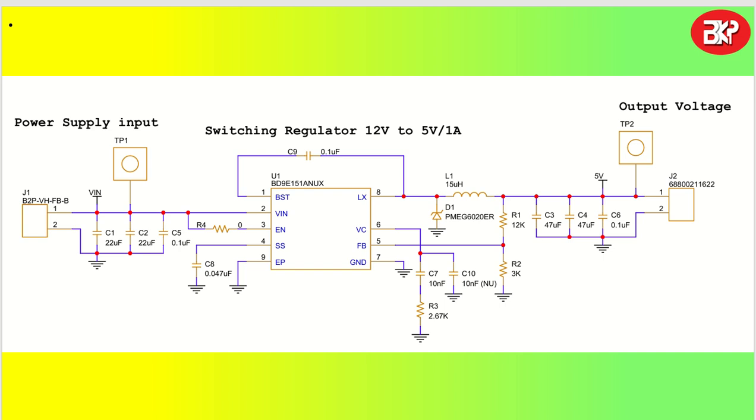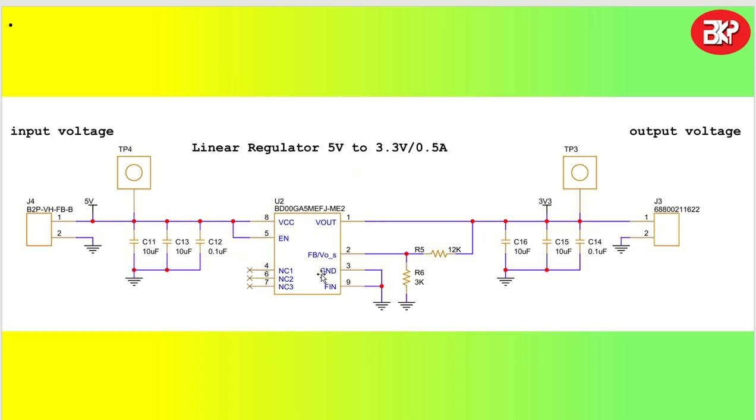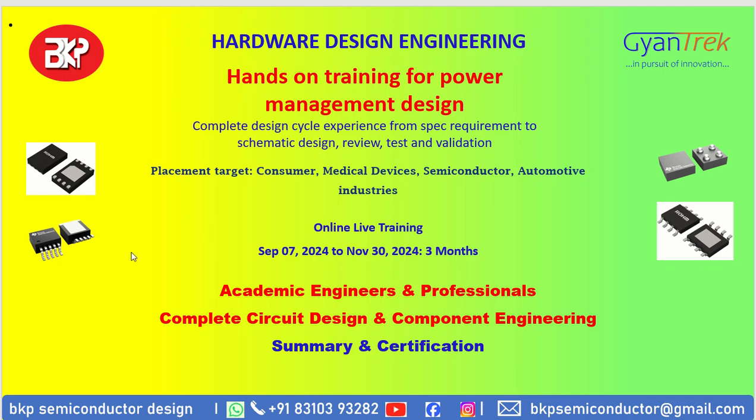Similar to that, we will take up linear regulator design as well, and how you are going to put this into your schematic, and how you will be selecting the components for your bill of materials. So alright guys, hope you have understood what are the things that we will be covering during this particular session. So go ahead and register for this particular course to have a complete understanding and skills in hardware design engineering. Thank you so much.